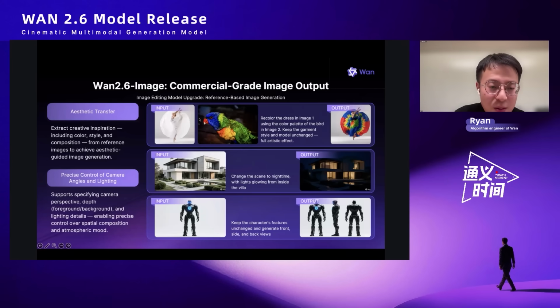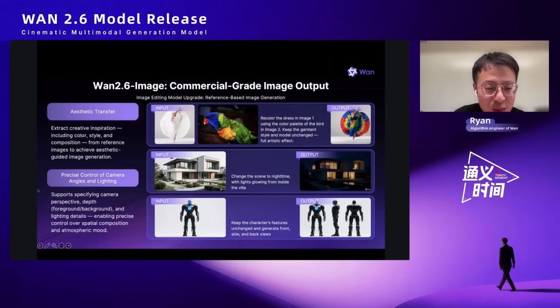In this example, we asked the model to recolor the dress in image 1 using the color style of the bird in image 2. We also asked the model to keep the garment style and the model unchanged. Then the model can generate a very clean result like this.